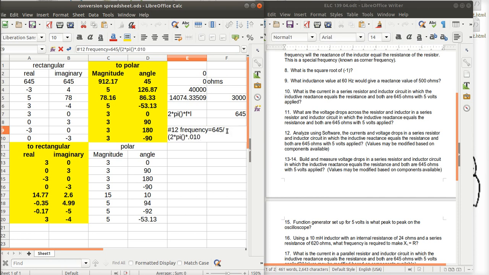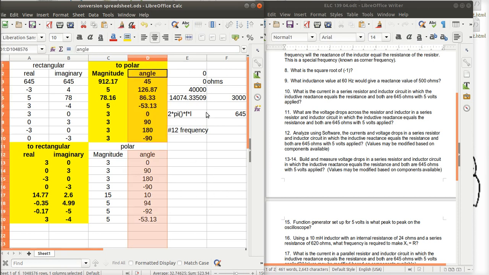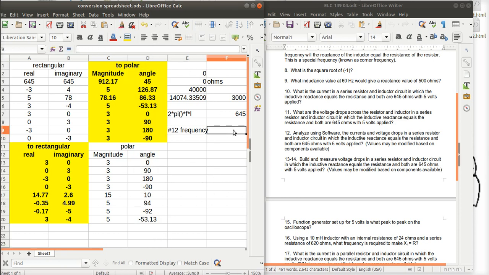That's what we have in the lab. That's 10 millihenries. And, oh, it all got in there, didn't it? Control X. And Control V.